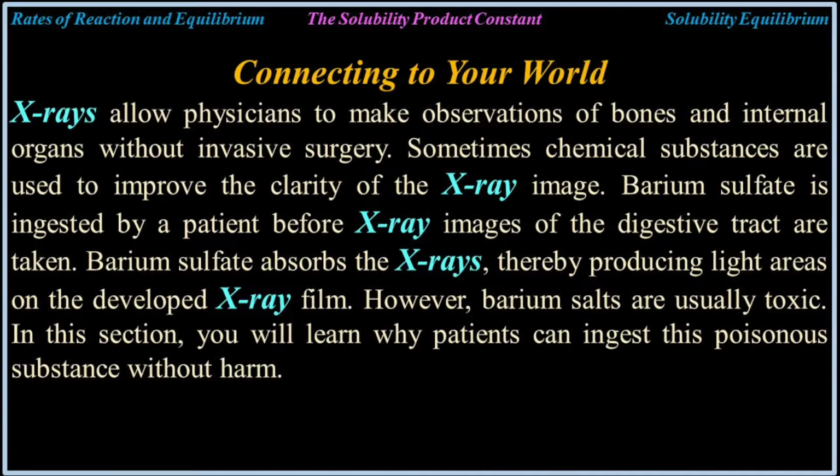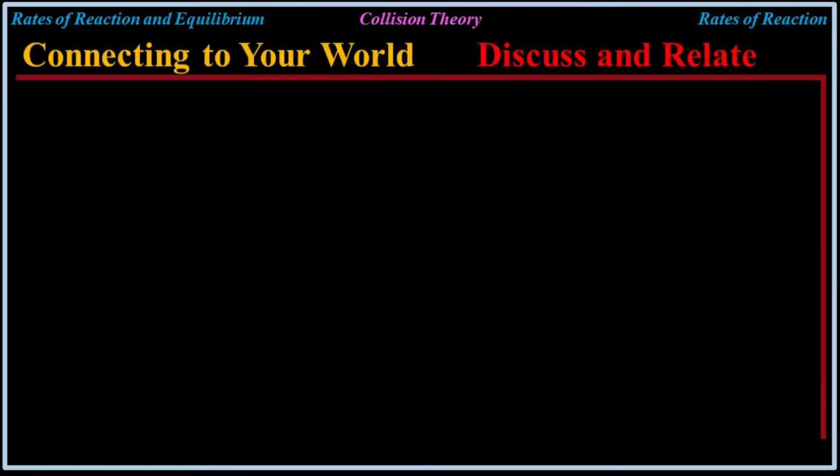Barium sulfate absorbs the X-rays, thereby producing light areas on the developed X-ray film. However, barium salts are usually toxic, and in this section, you will learn why patients can ingest this poisonous substance without harm.